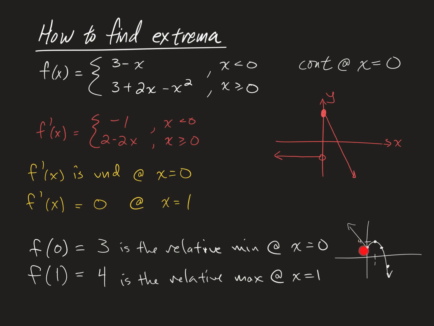It bottoms out, and right here at x equals 1 is the maximum value as it tops out. So it still works, and this brings in the idea of differentiability, essentially making sure the derivative is also continuous at that particular x value. Since it wasn't, that means the derivative was undefined at that x value.